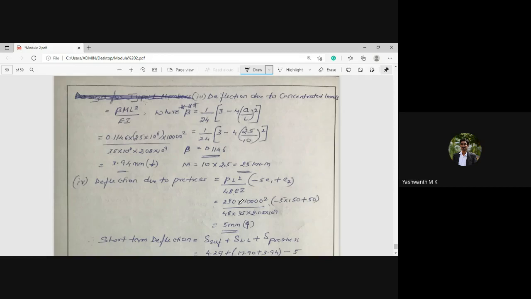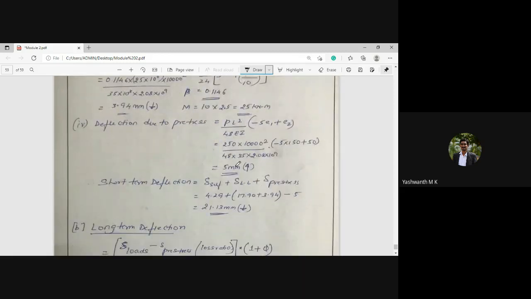Now, short-term deflection. As I stated, the short-term deflection comes into the picture only when live load, dead load and pre-stressing force are considered. Did you get my point? So for that, deflection due to self-weight is 4.29 plus deflection due to live load, because two considerations will be coming, one due to UDL and another due to concentrated loads.